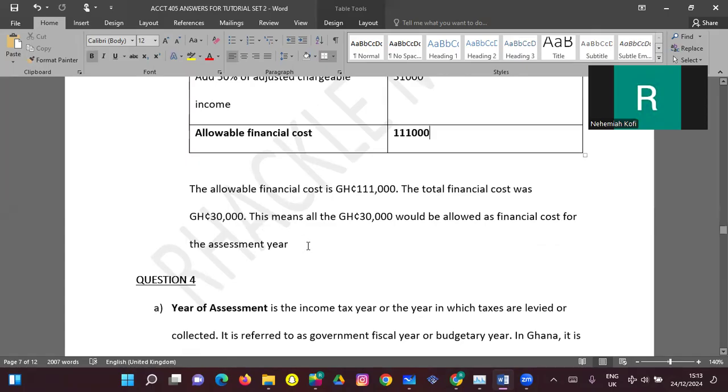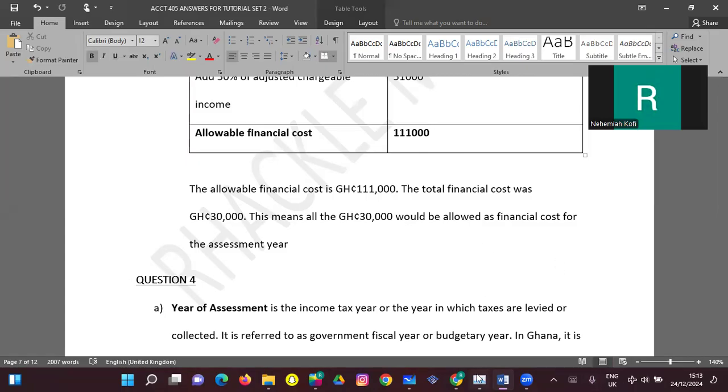This means that all the 30,000 would be allowed as finance cost for the year of assessment. So we are not going to use the 111,000, but the 30,000, because it is lesser than the allowable. So in the situation where the finance cost is lesser than the allowable financial cost, then the financial cost is going to be used as the allowable financial cost.